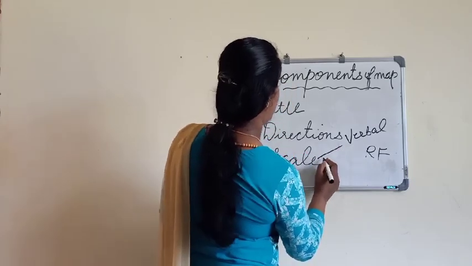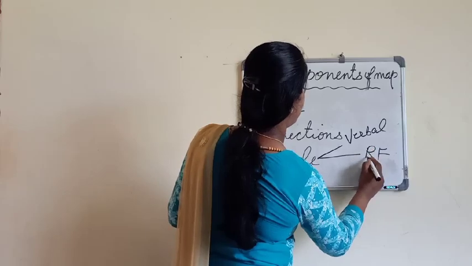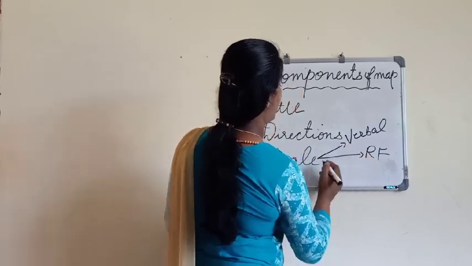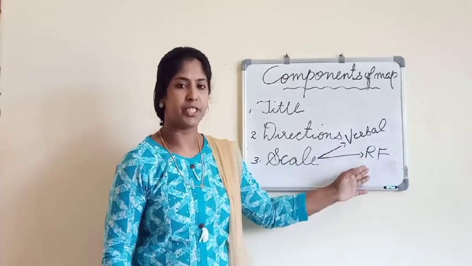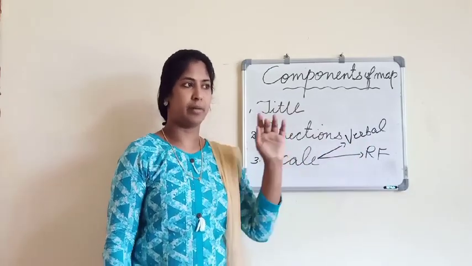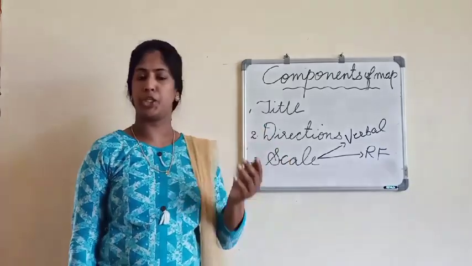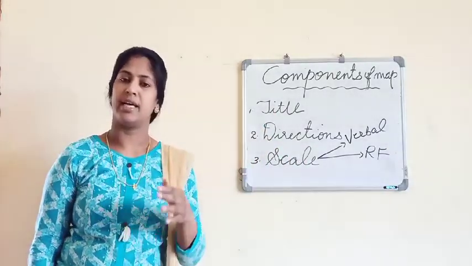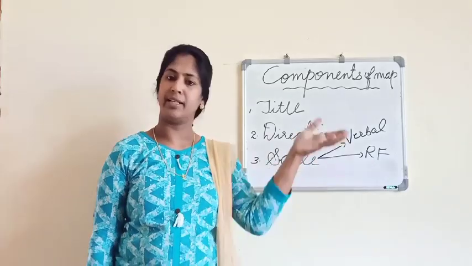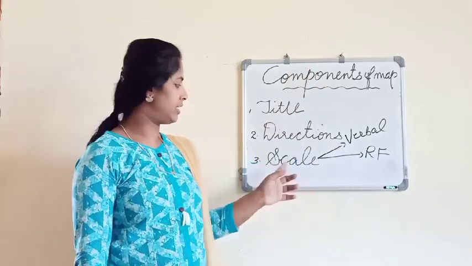Under this method, the ratio between the ground distance and map distance is shown, and the calculation is done in this method.